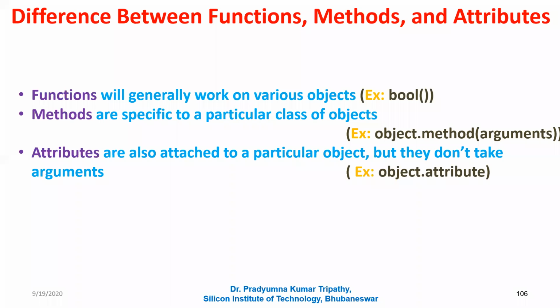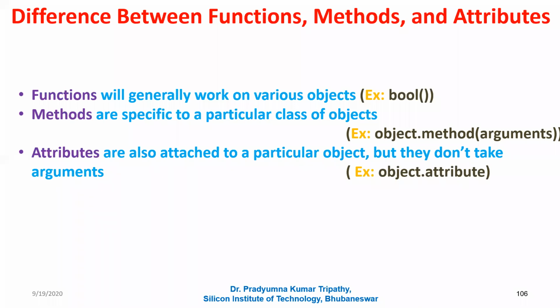Usually what we do, we say functions as methods. So functions and methods are used interchangeably. In Java language, you say methods. In C++ or C language, we say functions. But here in Python, there are some differences between these functions, methods, and attributes.